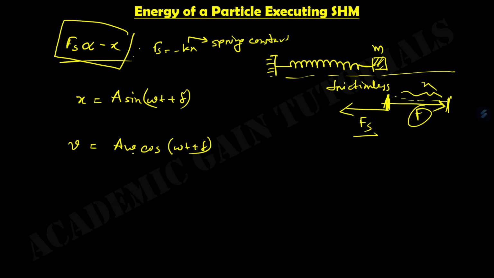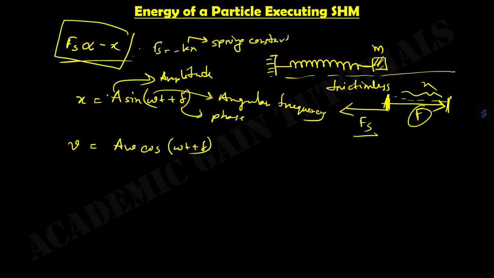Before going forward, I have to tell you that a represents amplitude, omega represents angular frequency, and delta represents phase. x means displacement and t means time. So this is the equation for calculating the velocity.